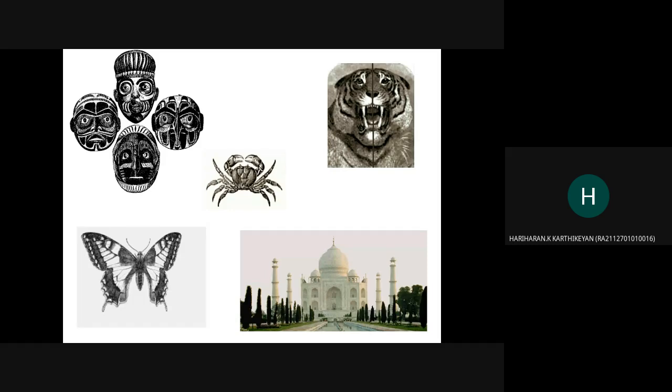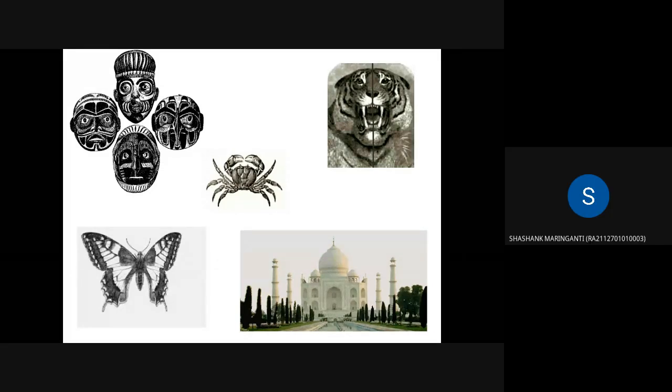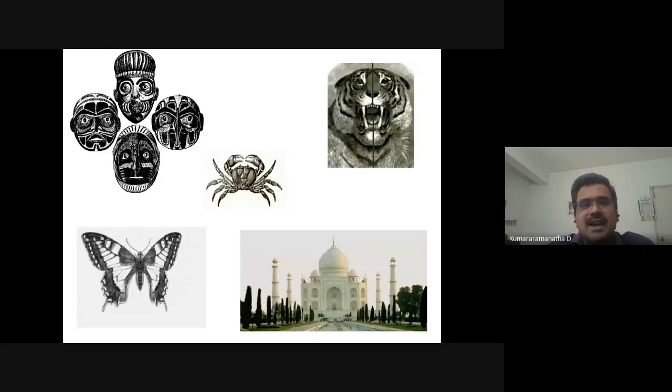Looking the same. By exchange, it looks the same. Okay, so I can take the word same. Yes, Shashank? Vertical symmetry. Okay. See, vertical is a very general word, but let me take even that, that is also okay. Any other?